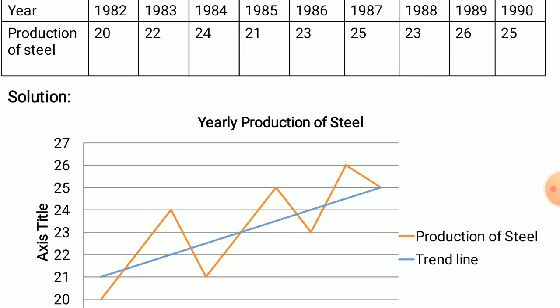After plotting the points of the production of steel in different years, now draw a straight line on the plotted points, and another line, a smooth curve, is to be drawn carefully.